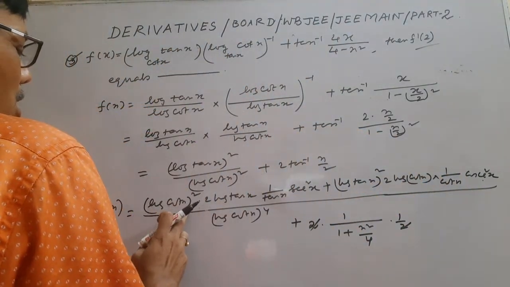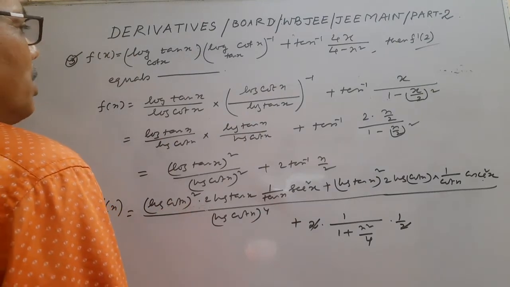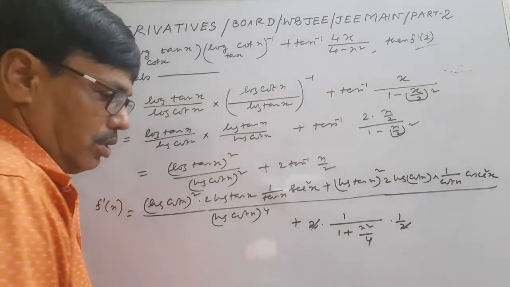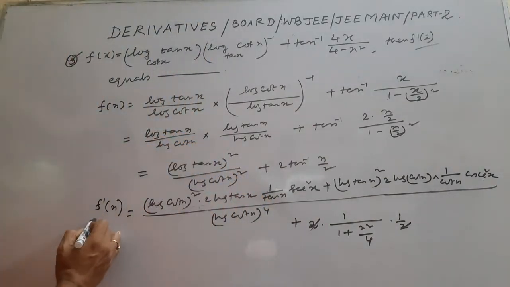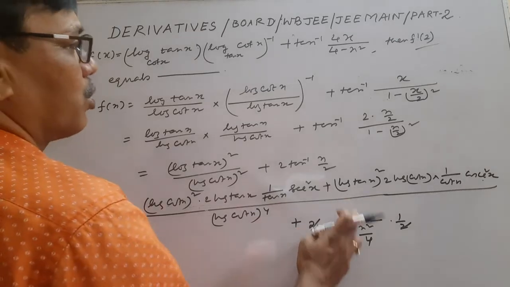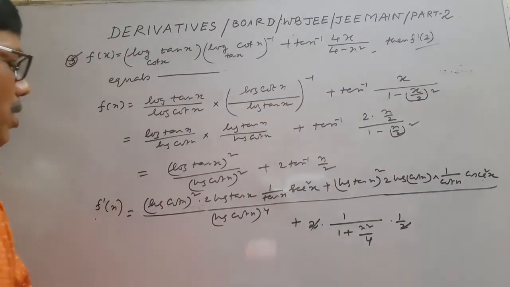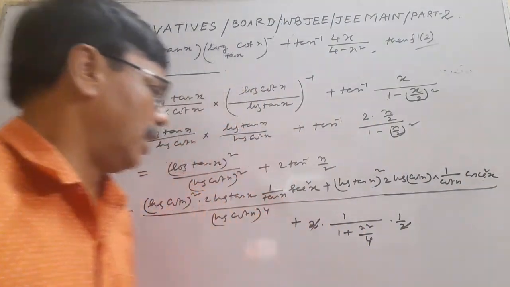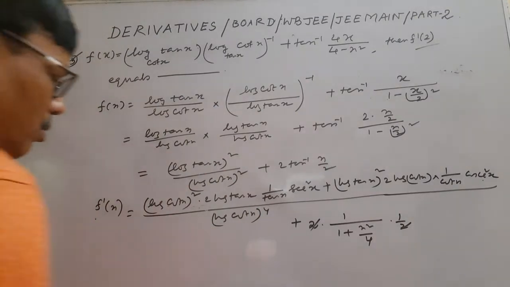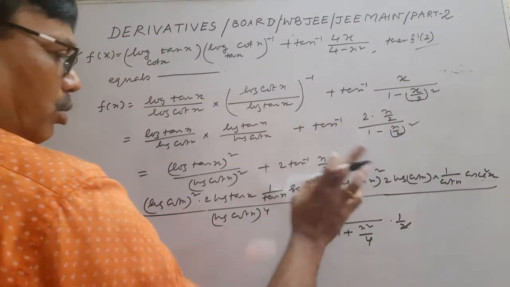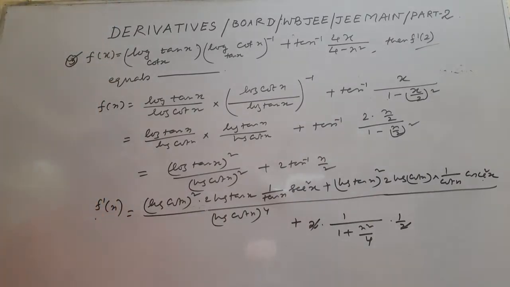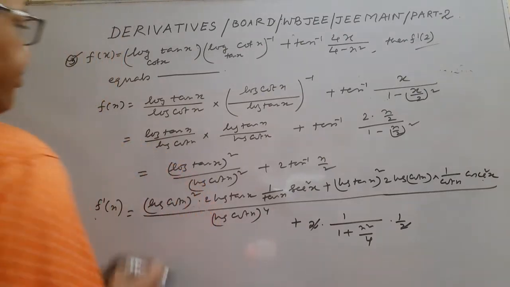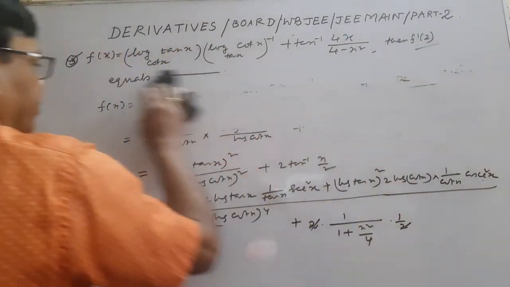So cot 2, where 2 means 2 radians. So this is f dash x. Now if we take f dash 2, x is replaced by 2. So we are not getting any simplified form because cot 2 and tan 2 are not simplified.